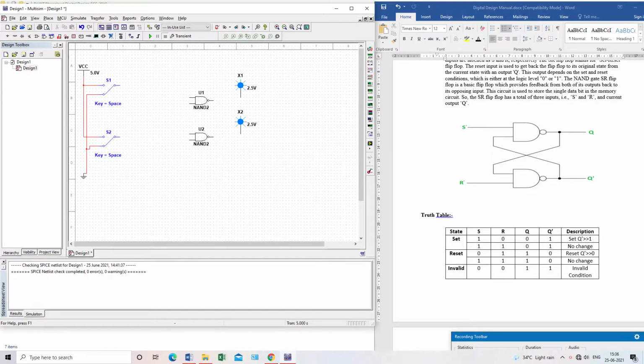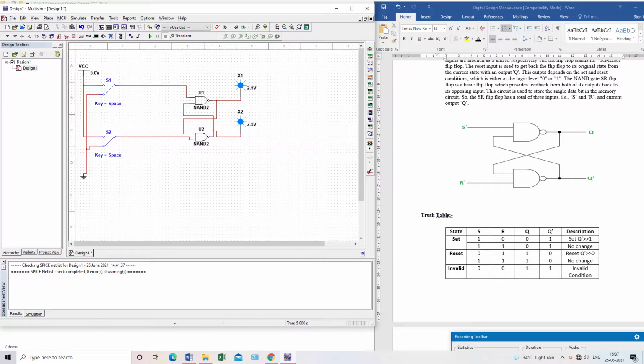Connect this one with A, and this one with B. This is the input of the NAND gate, and the second input will go from here, and this input will go from here. The output will be seen here, Q and Q dash. So this is my SR flip-flop. I've connected this SR flip-flop.